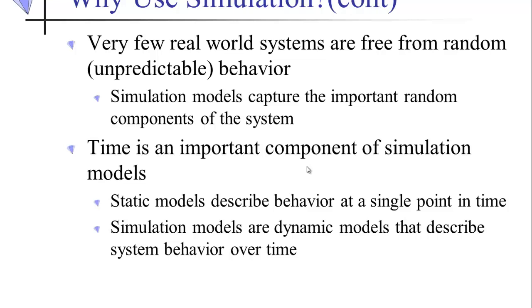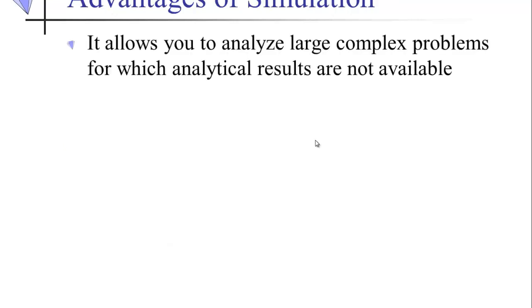So this is just some ideas of why you want to use a simulation model to study your business. I'm hoping that this is making some sense. So it allows you to analyze large, complex problems for which analytical results are not available. How do you observe, once again, how do you observe your business if you wanted to take a total systems view of it?